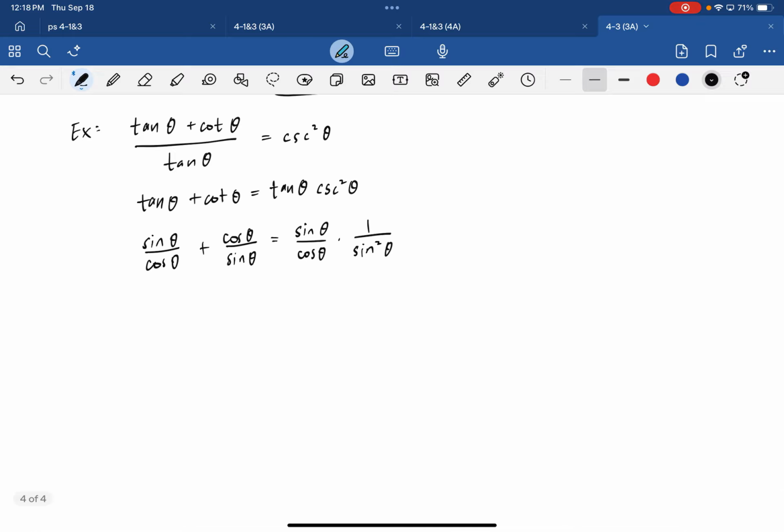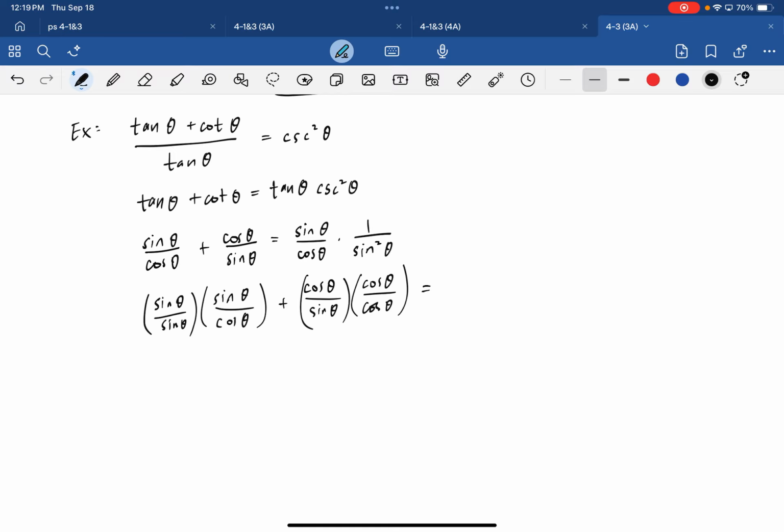We can simplify the left side to be one denominator only. So multiplying top and bottom of the first fraction by sine, and then multiplying top and bottom of the second fraction by cosine.